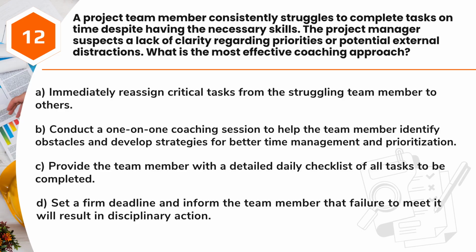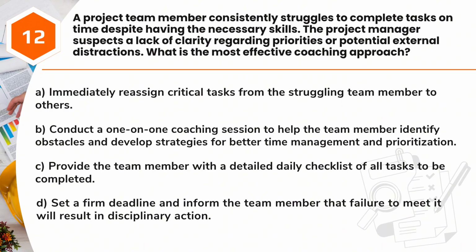Question 12. A project team member consistently struggles to complete tasks on time despite having the necessary skills. The project manager suspects a lack of clarity regarding priorities or potential external distractions. What is the most effective coaching approach? A. Immediately reassign critical tasks from the struggling team member to others.